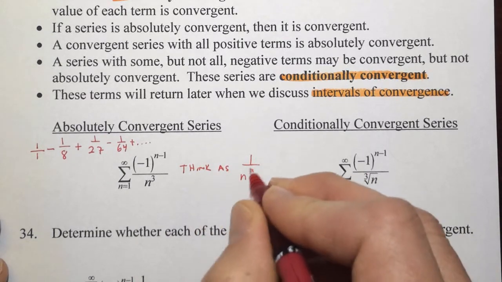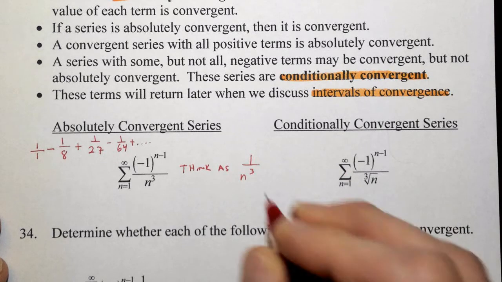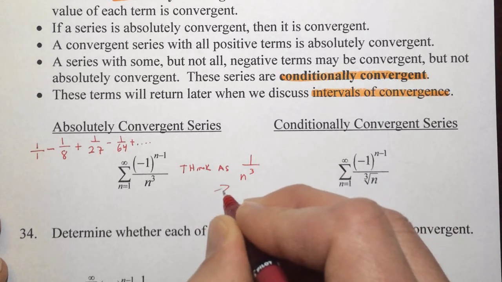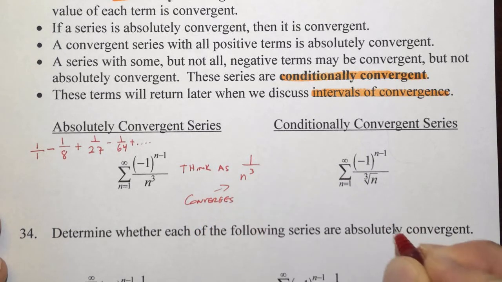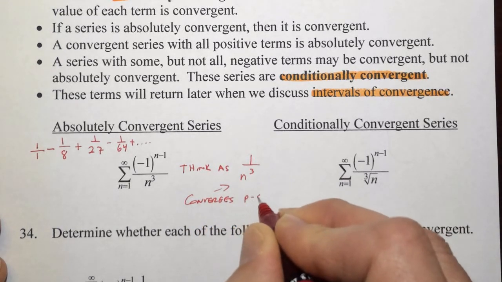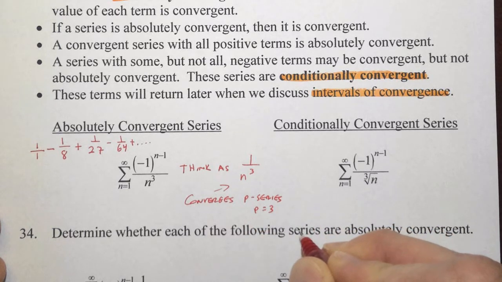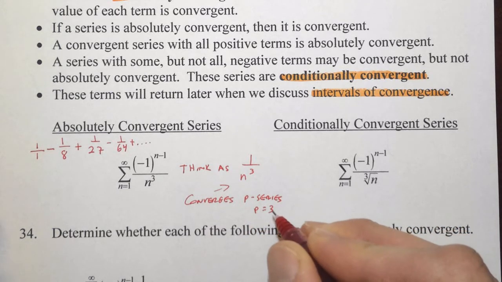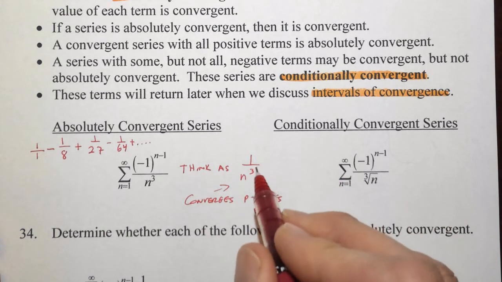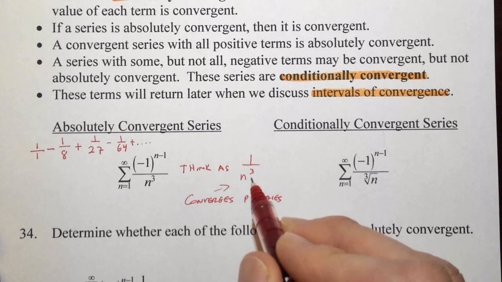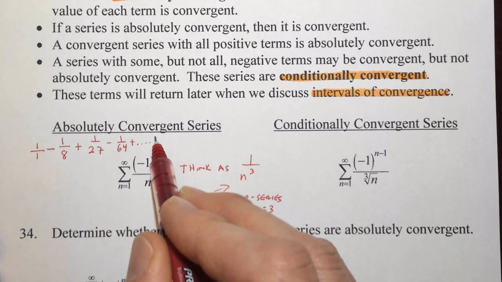And if we just look at that 1 over n cubed, this converges, because it's a p-series where p is equal to 3, and if p is greater than 1, then this series will converge. So because just the positive terms converge, that's an absolutely convergent series.